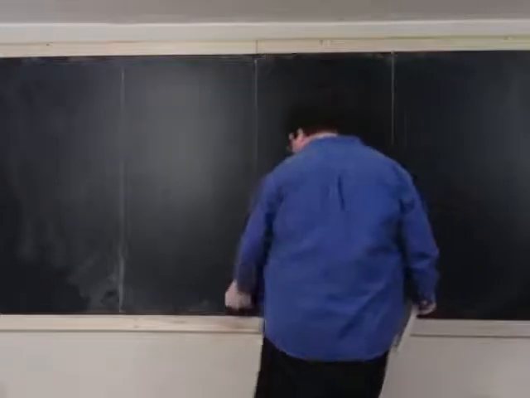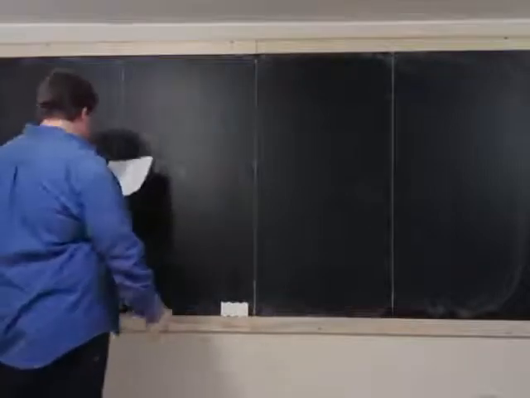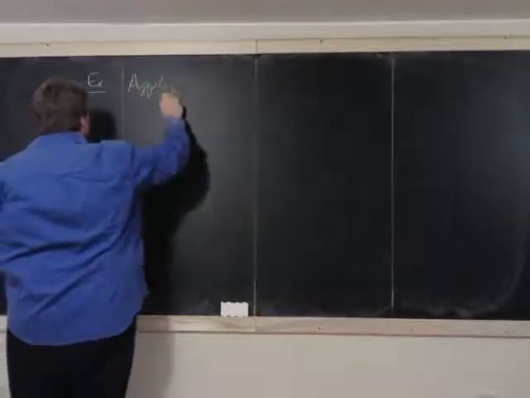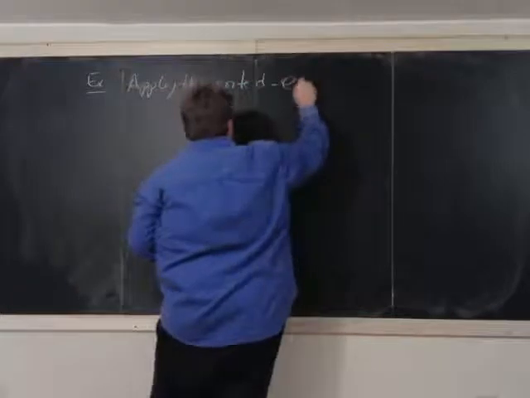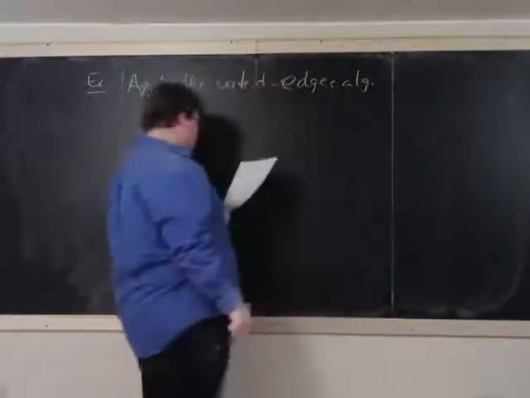There are cases where it's not better than the nearest neighbor. But let's do those two with the sorted edges algorithm. Example, apply the sorted edges algorithm to each of these.